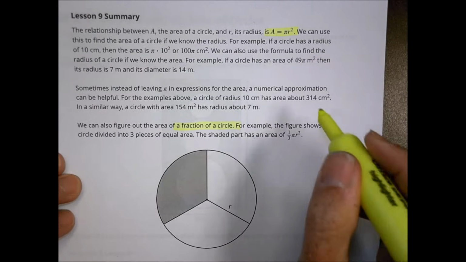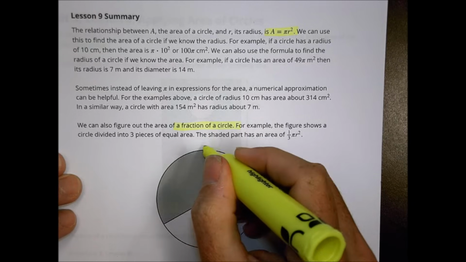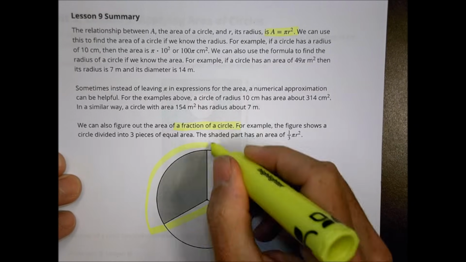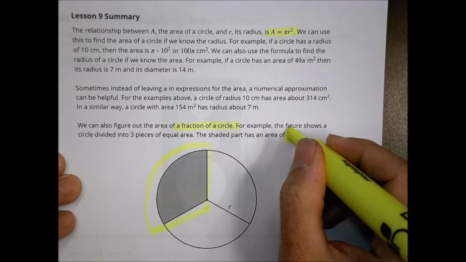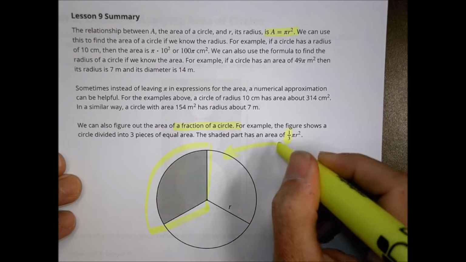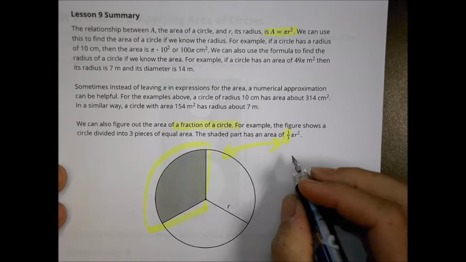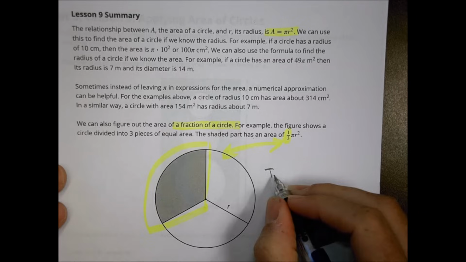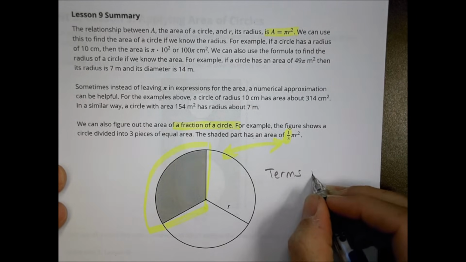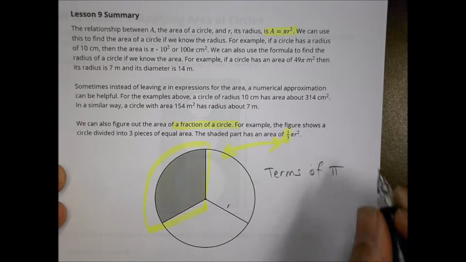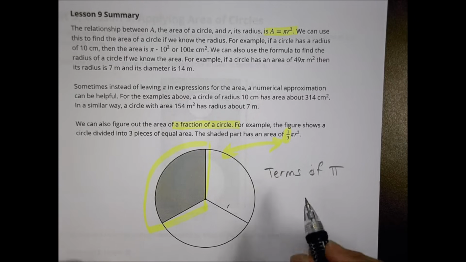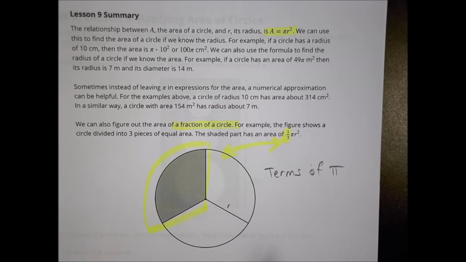If we look at a circle like this, if we notice that we have 1/3 of it used, I can also use that 1/3 to help me figure out what a fractional portion of that circle is going to be, and I can do that no matter what. And I also can remember, we talked about at the beginning, I can leave things in terms of pi. So instead of plugging in that 3.14, I could just leave it as a pi thing and leave it like that. Okay, so that's going to come up in your homework as well.